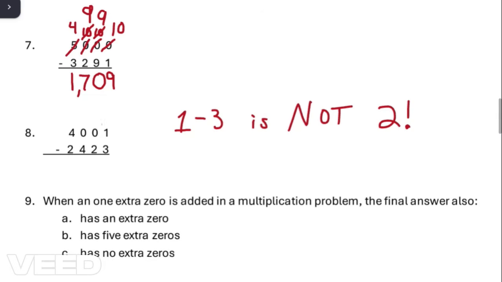So what we're going to do is we're going to use borrowing and regrouping from these digits in our higher place values. But we run into an issue. We can't regroup from this 0 because there's nothing there. And we can't regroup from this 0 because there's nothing there. So we have to go all the way to the front and change this 4 into a 3. Then this 0 can get 10 higher and turn into a 10. But we're not done yet.